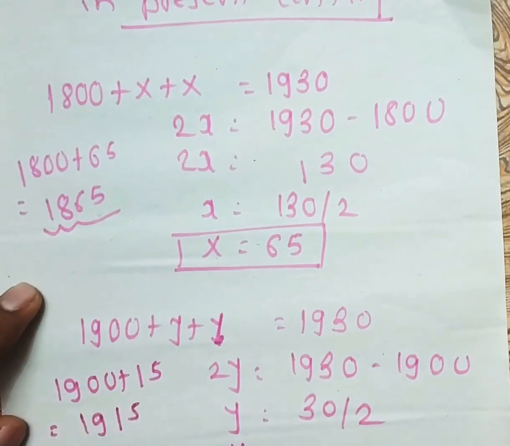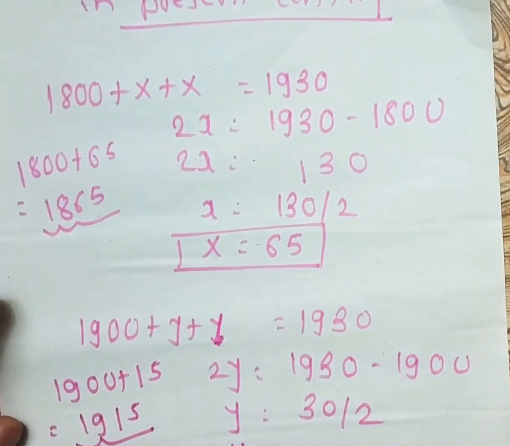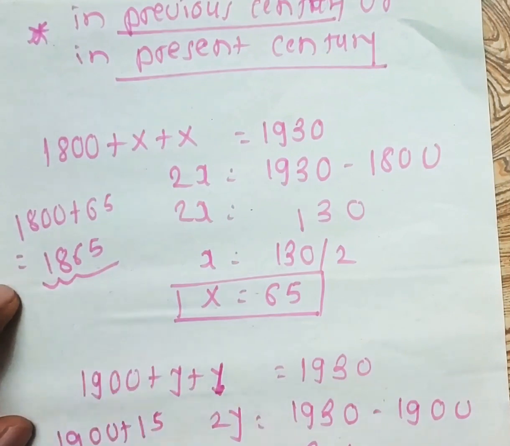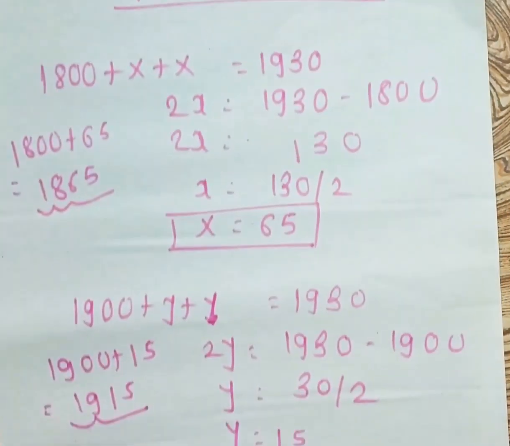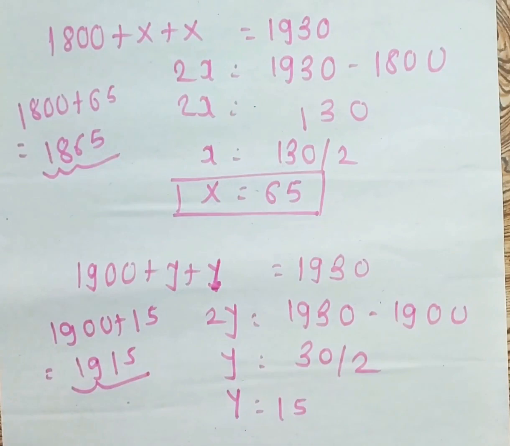In 1915 the grandson should be born, and in 1865 the grandfather should be born, so that in 1930 the grandfather's age will be equal to the last 2 digits of his year of birth, and in 1930 the same for the grandson.